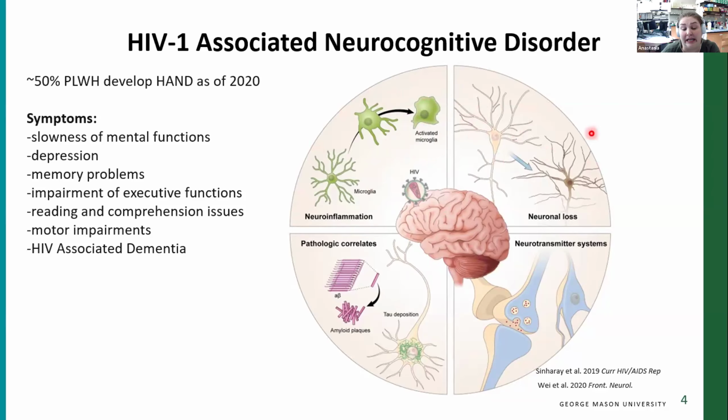These can eventually lead to some neuronal loss, interruptions within the transmitters between the neurons, and as it continues, can lead to an abundance of amyloid plaques and tau depositions, which can be, of course, associated with HIV-associated dementia.